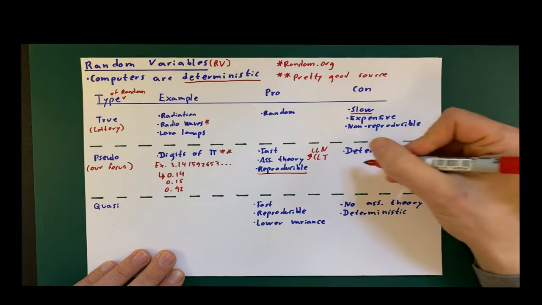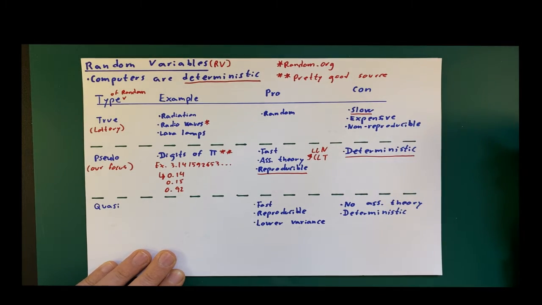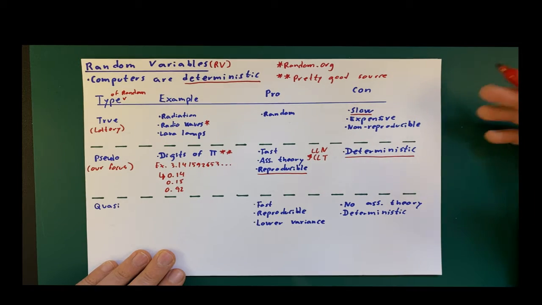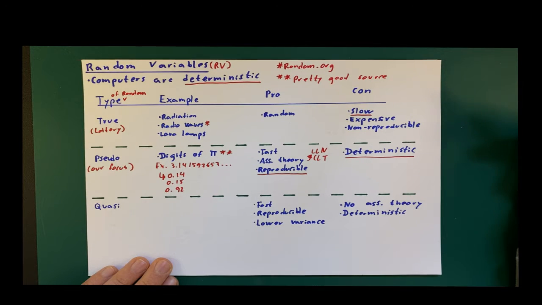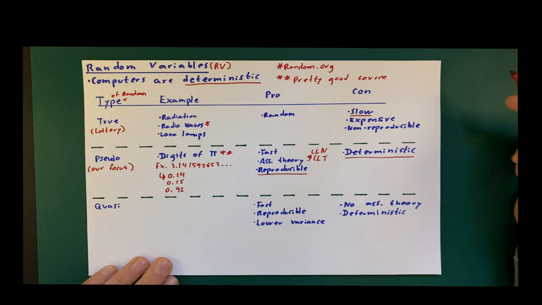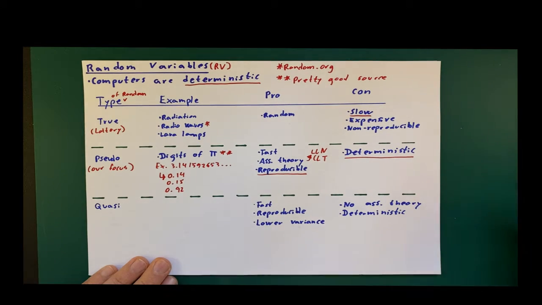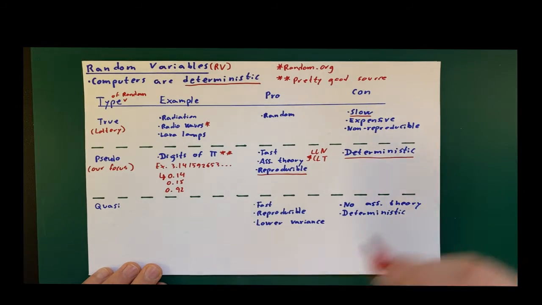But of course, it is inherently deterministic, right? So it's not really random. We're sort of deviating from what we actually want, but we can still use the mathematical tools. So that's mostly okay.